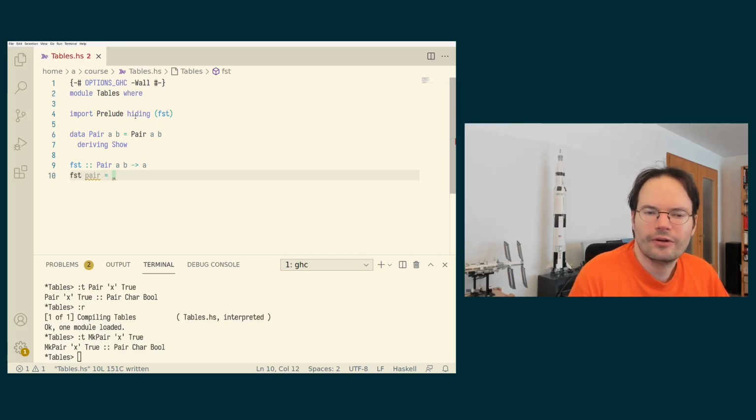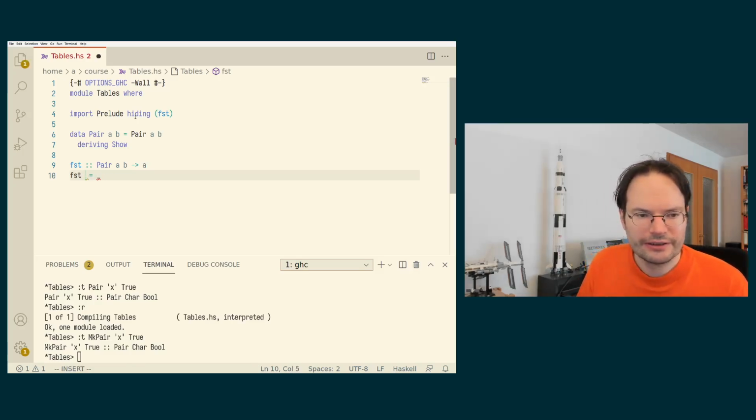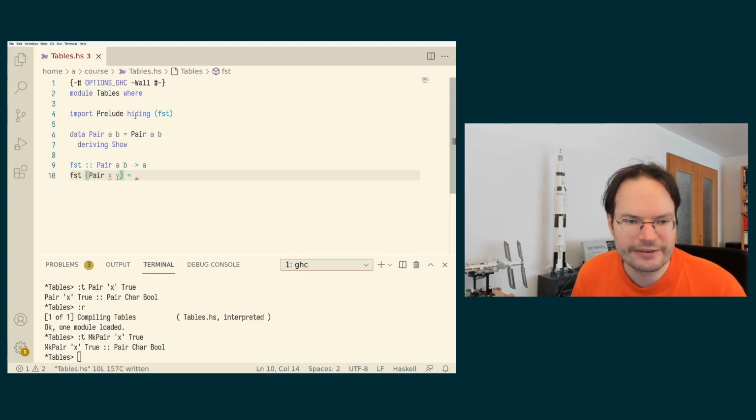And for pairs, pattern matching does not introduce multiple cases because there is only one possible constructor to choose from, but it is still giving us access to the two components. So I can write pair, and then I can give names. I could actually use A and B here as well, but I'm going to just call them X and Y.